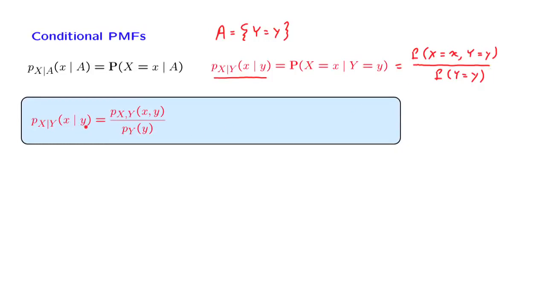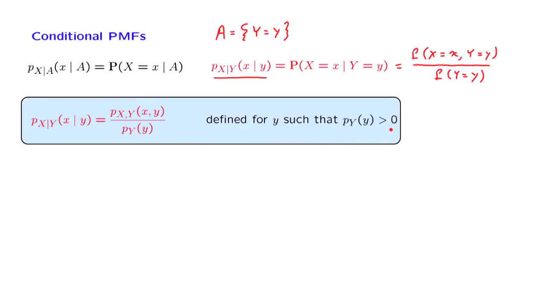The conditional PMF is defined to be the ratio of the joint PMF, this is the probability that we have here, by the corresponding marginal PMF, and this is the probability that we have here. Now remember that conditional probabilities are only defined when the conditioning event has a positive probability, when this denominator is positive. Similarly, the conditional PMF will only be defined for those little y that have positive probability of occurring.